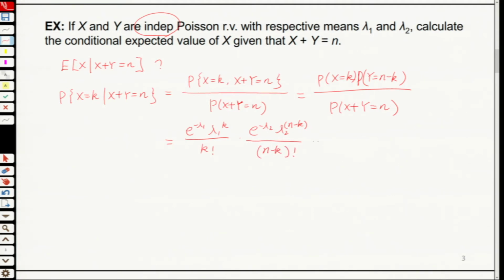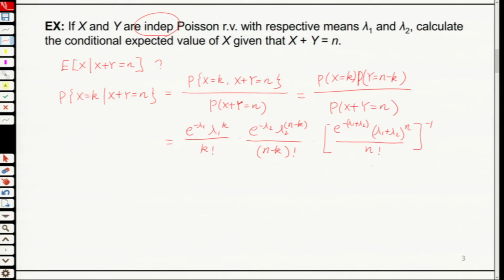Then what is the denominator? Let's put the denominator in this form so that we add a minus 1. This will become exponential minus lambda 1 plus lambda 2, because we know the new rate or mean, lambda 1 plus lambda 2 to the power n divided by n factorial.